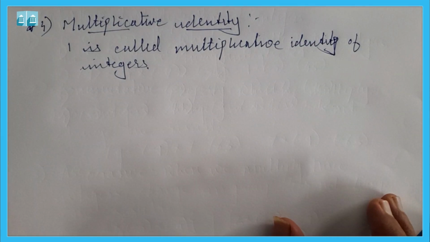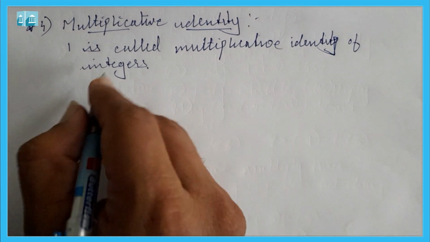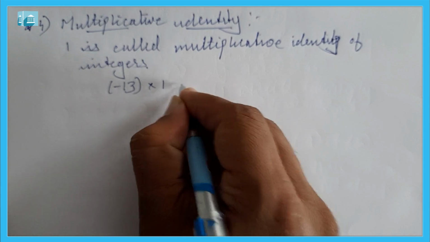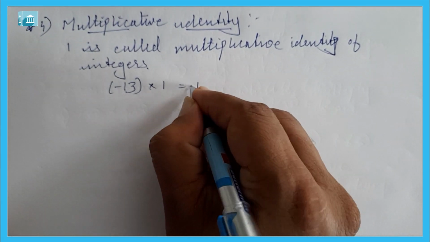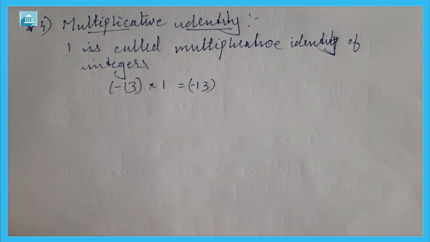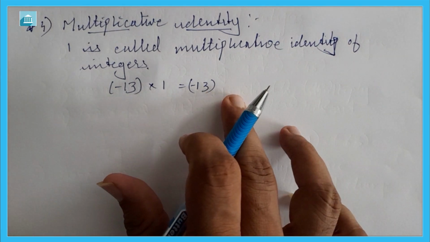It means if we multiply any number by 1, it remains the same. For example, minus 13 multiplied by 1, the result is minus 13. Any number if we multiply by 1, it will remain the same.